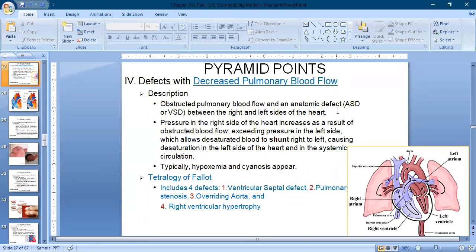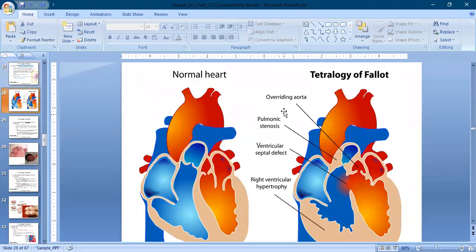Tetralogy of Fallot, right? In Tetralogy of Fallot there are 4 combined diseases together. If we look at this picture, these 4 defects are together. They are pulmonary stenosis, right ventricular hypertrophy, overriding aorta, and ventricular septal defect.